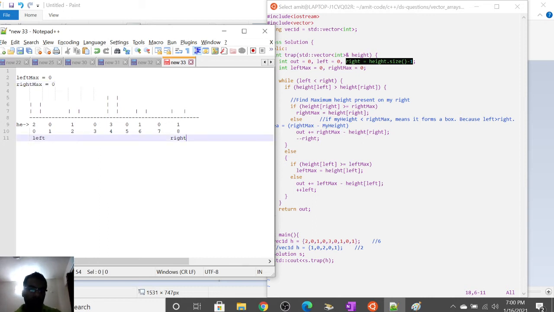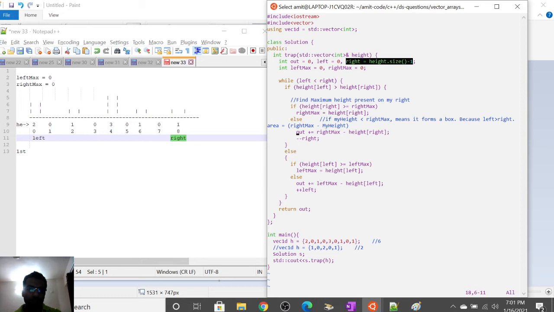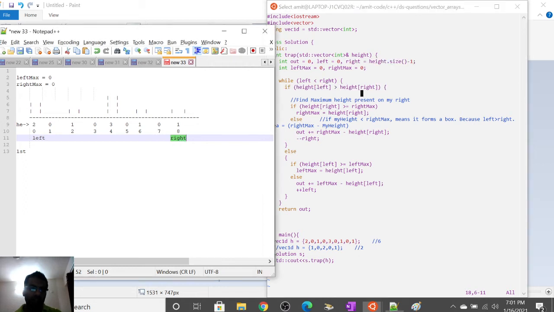So now at the first iteration in this while loop, the first condition will execute: the height of left is greater than the height of right.